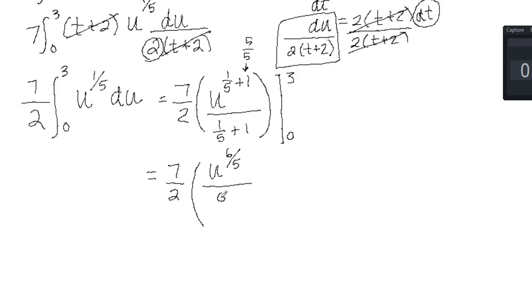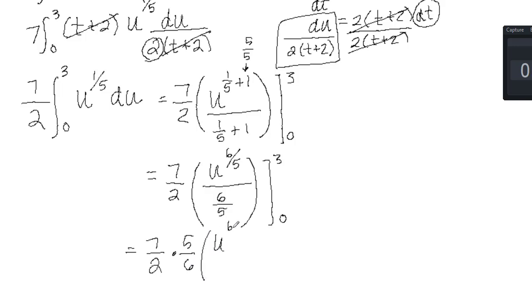All of that is divided by 6/5, so that gets flipped over: 7 over 2, 5 over 6, u to the 6/5.